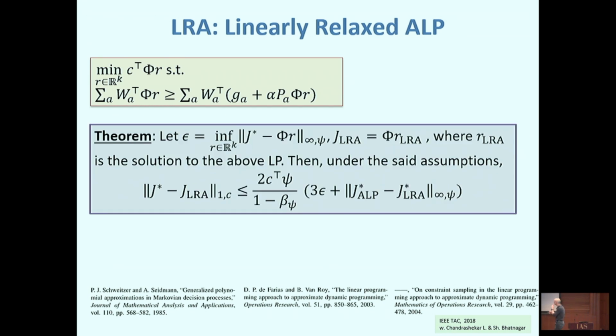Let's say it's the following. So if you read out the solution to this optimization problem, and you expand it to the big space, you have an approximate value function, and you care about how much this deviates from the true value function.